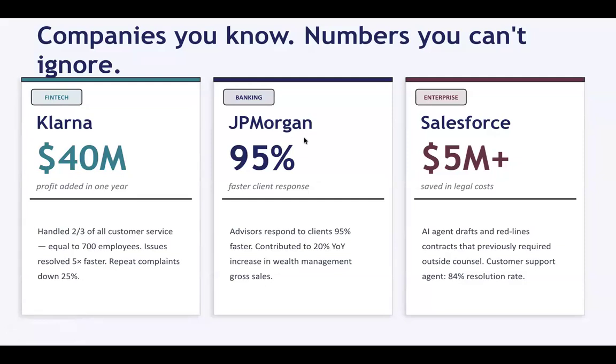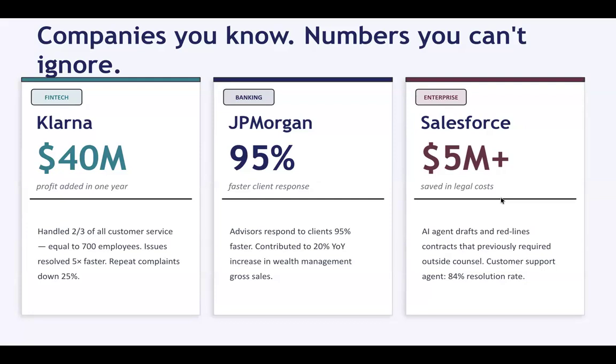Then JP Morgan had a 95% faster client response, and Salesforce saved $5 million in legal costs. So basically, Salesforce is a company that works in CRM, or customer relationship management, and they had to spend a lot of time on contracts and legal services. They would spend a lot of money on getting legal counsel from outside their company, and it would be very expensive.